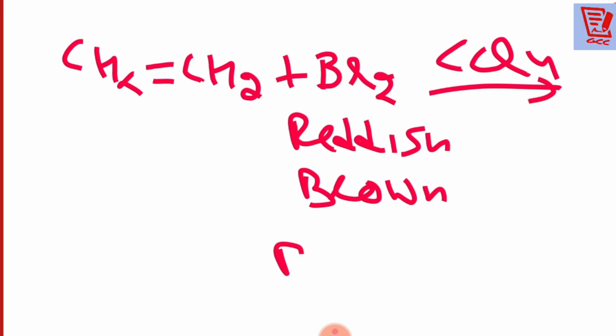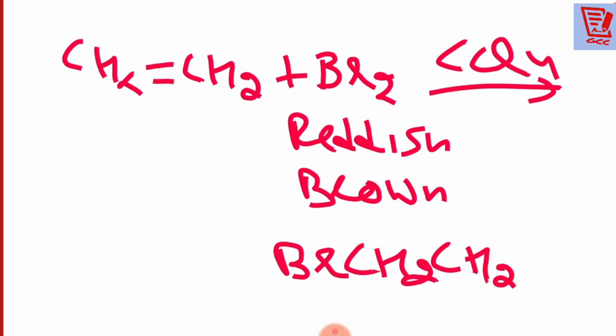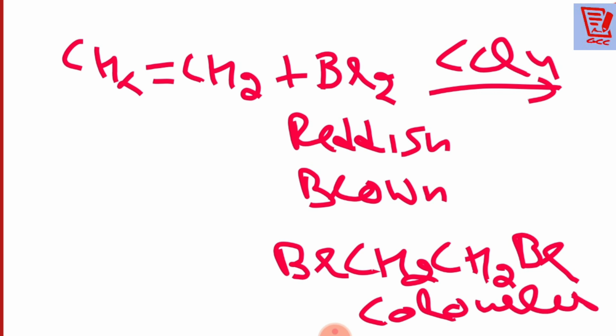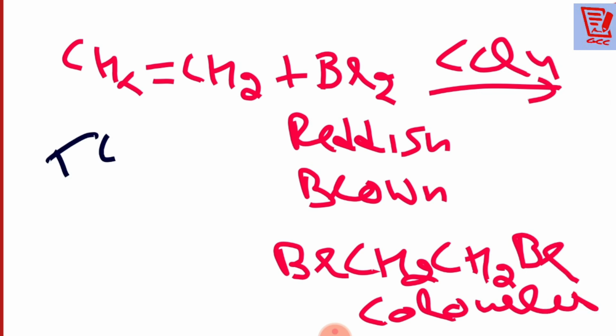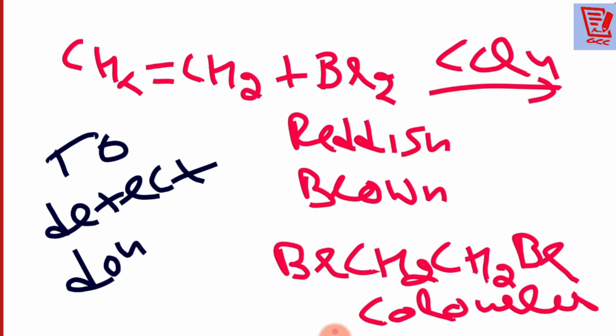And what we get over there is Br-CH2-CH2-Br. Just remember one thing: the product we get is colorless. So this is a very important test that we use in the lab to detect a double bond.